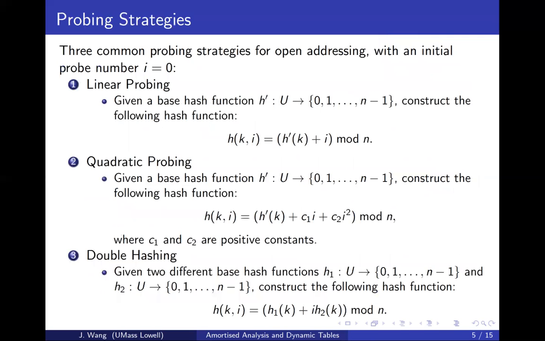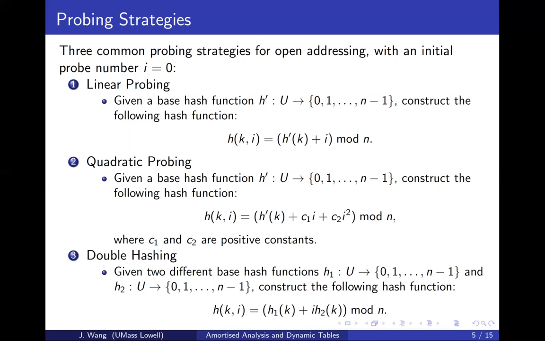Okay, now let's look at probing strategies. Three common probing strategies can be used for open addressing with an initial probe number i equal to 0. So basically we just define a function.